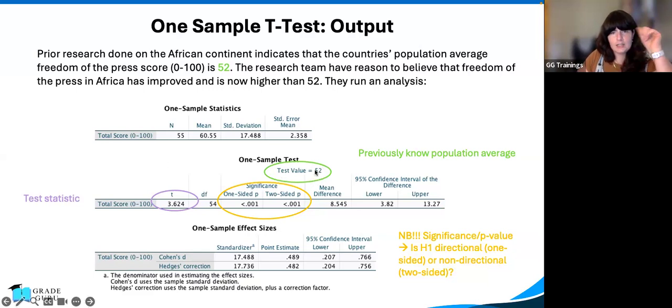Right, so your test value, and this is a pretty straightforward one to interpret because you are just looking for a p-value, your sig value. The sig value is always how you are able to conclude on hypotheses. If you look at what's circled in yellow, you've got a one-sided p versus a two-sided p. Which one's which?